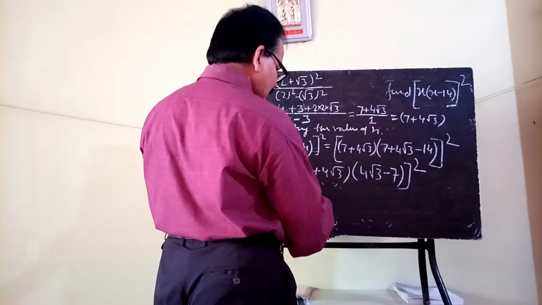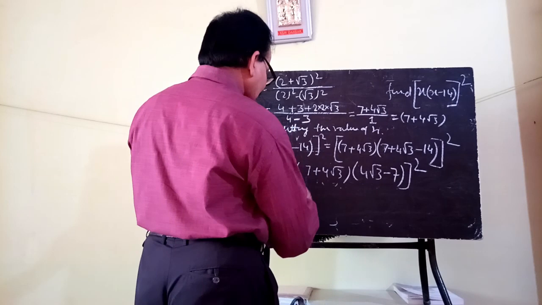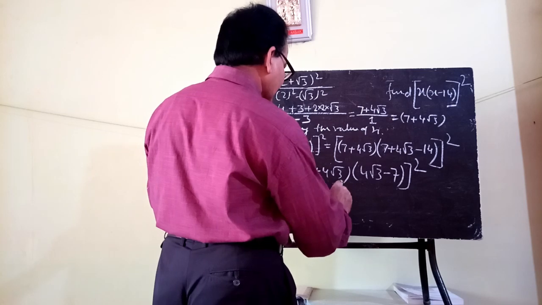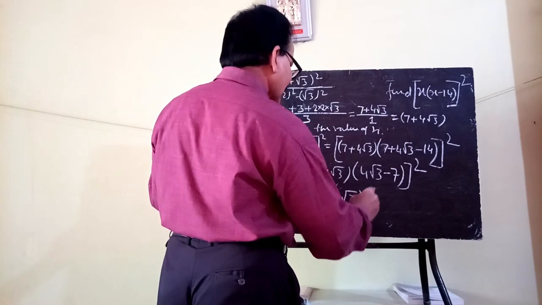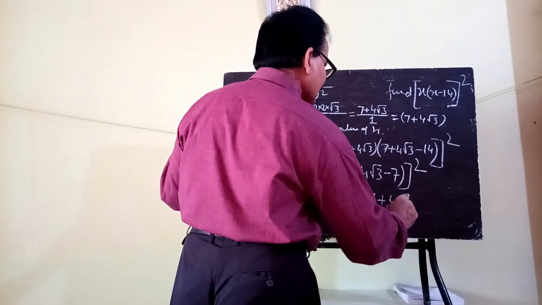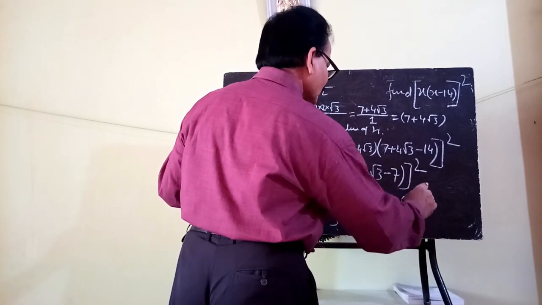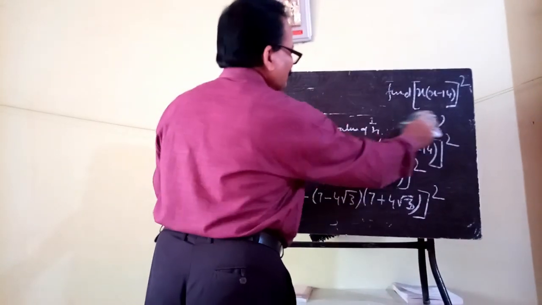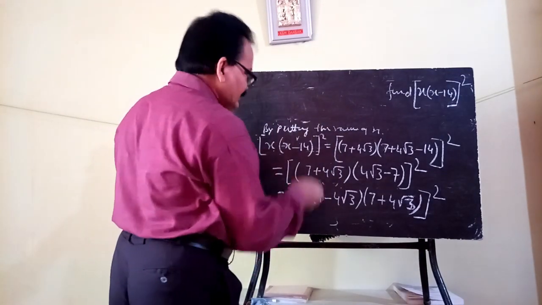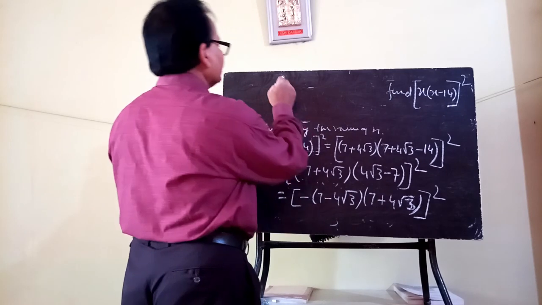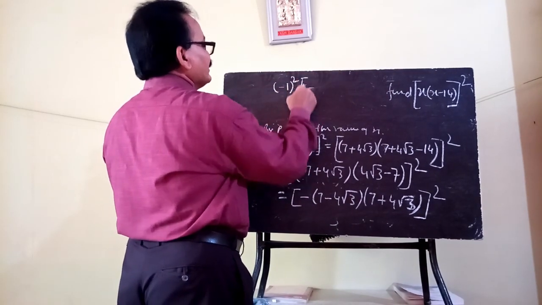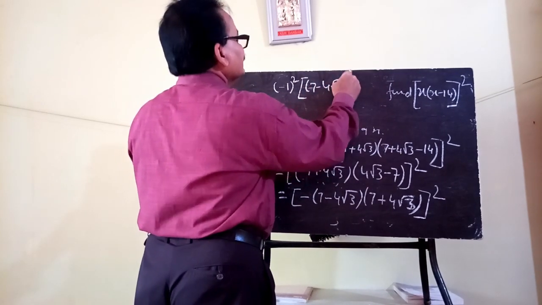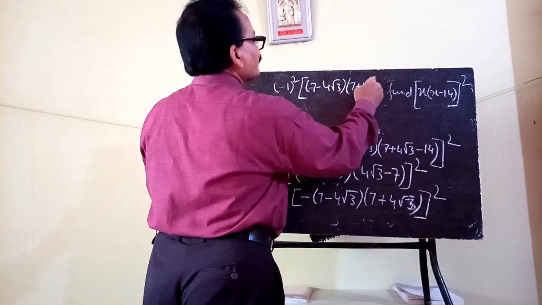In this part, 4 root 3 minus 7, you just take out minus, so it will be 7 minus 4 root 3, and then 7 plus 4 root 3, and then whole square. Okay, clear. Since there is minus and whole square, you take out minus 1 whole square, and in the bracket this is 7 minus 4 root 3 into 7 plus 4 root 3.